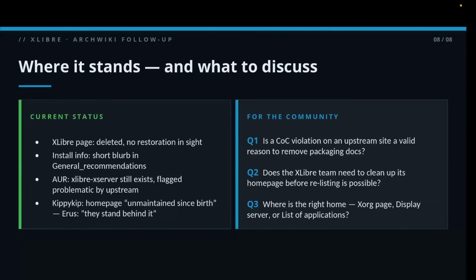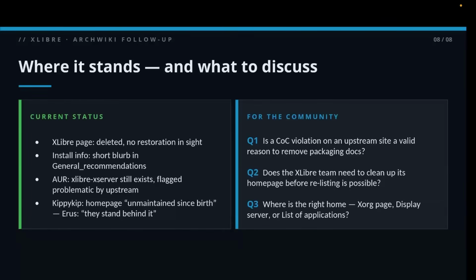So what is the current status and where are we and what are the things to really bring up here? The page was deleted. It's not going to be restored. There's a short blurb now in the general recommendations. It exists in the AUR, which I've mentioned. And the homepage is unmaintained. And the folks, they stand by it. That's where we are.